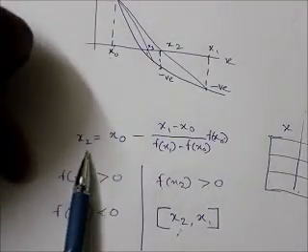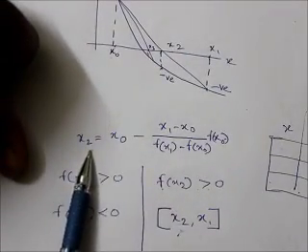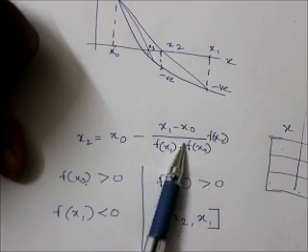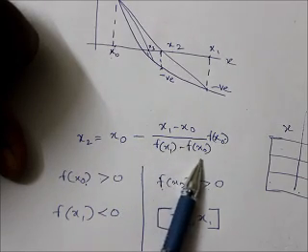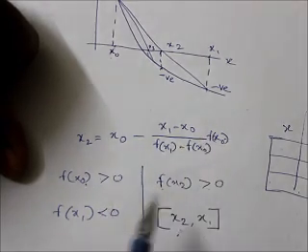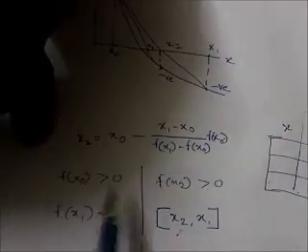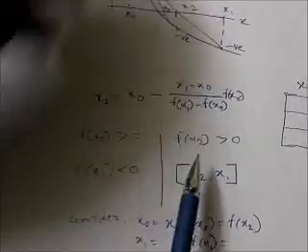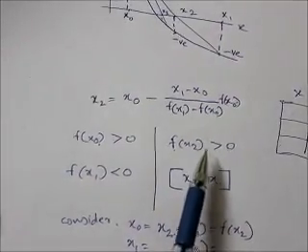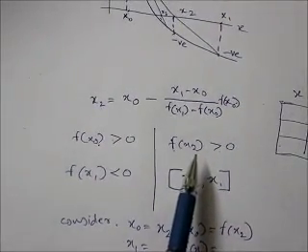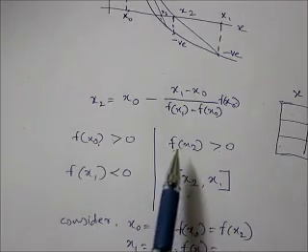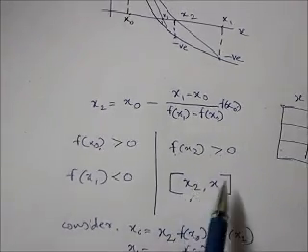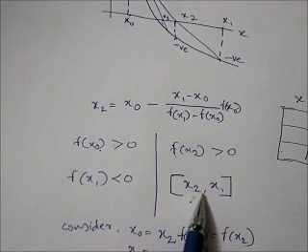Then we apply this formula: x2 is equal to x0 minus (x1 minus x0) divided by (f(x1) minus f(x0)) into f(x0). Then we check the sign of f(x2), so that we can eliminate one part of that interval or bracket, and we consider what our next interval is going to be.